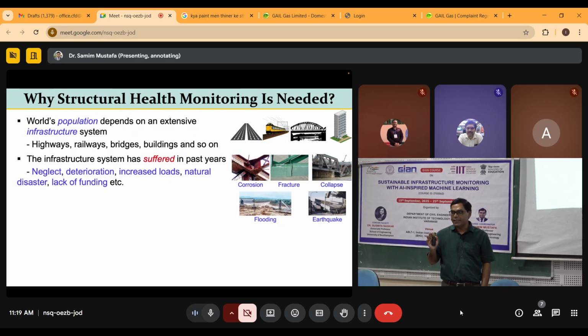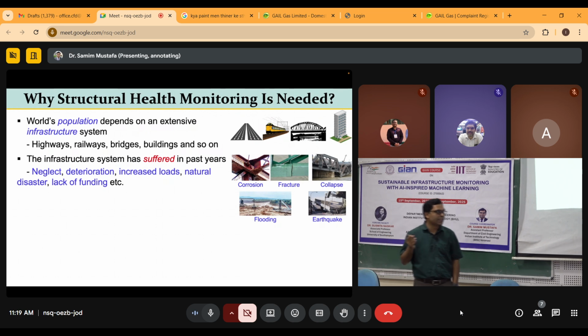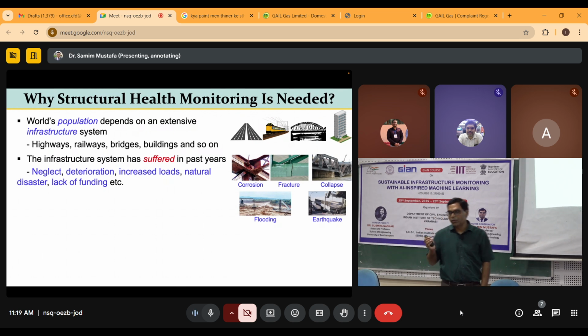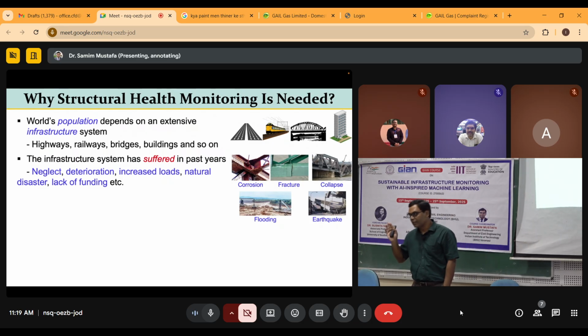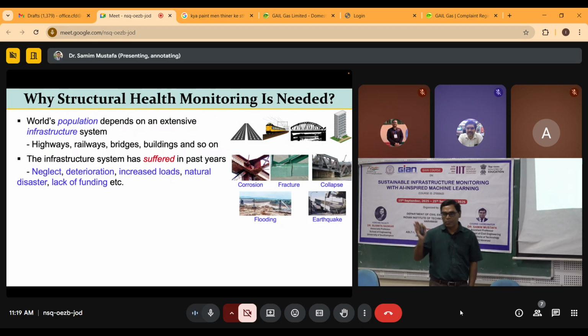However, there is a huge effort now going on to apply such a maintenance or monitoring system in Indian bridges. Also, we have a large stock of historical buildings and old bridges, right? Many railway bridges are more than 70, 80 years old. Still they are running.